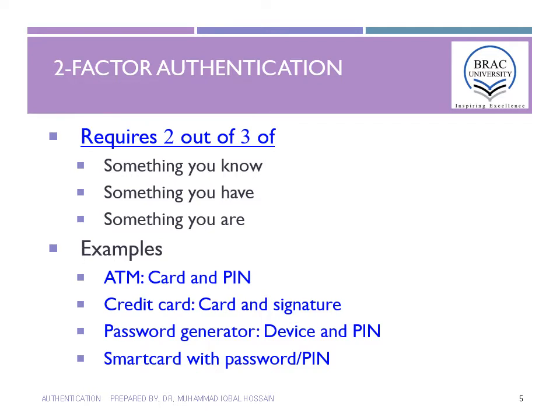For example, with an ATM card, we insert the card and give a PIN number. That means you have and you know. With a credit card, we have a card and a signature, so you have the card and the signature is what you are. With a password generator, you have the device for generating the password and you know the PIN.